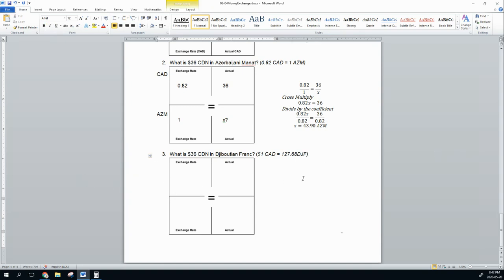We need to enter our values. So on the top, I'm going to put my Canadian amount, and on the bottom, I'm going to put the Djibouti francs. The rate that we have, 1 Canadian dollar is equivalent to 127.68. We want 36, and we want to know what the actual value of this is.